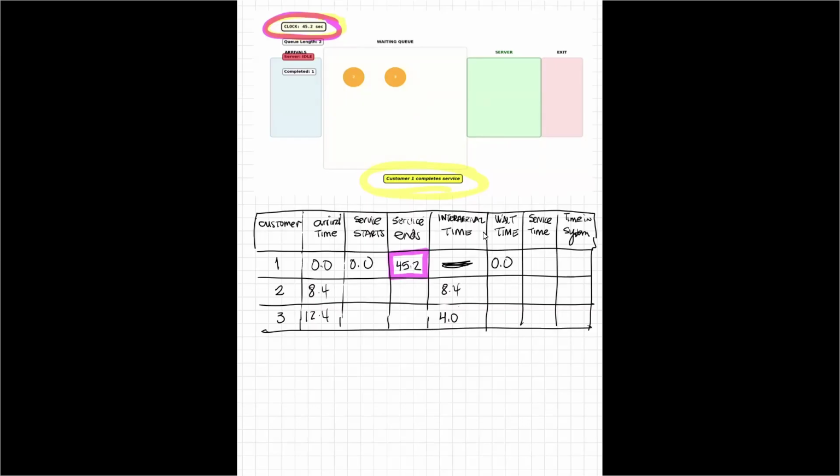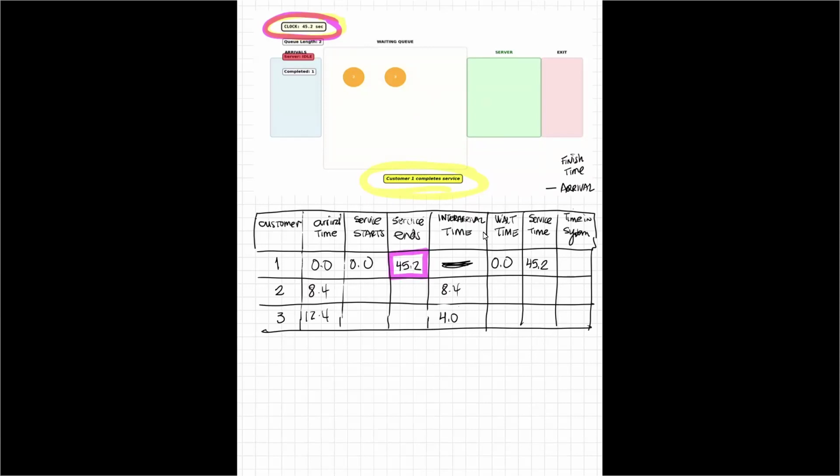The service time is 45.2, and the time in the system is calculated as the finishing time minus the arrival time.